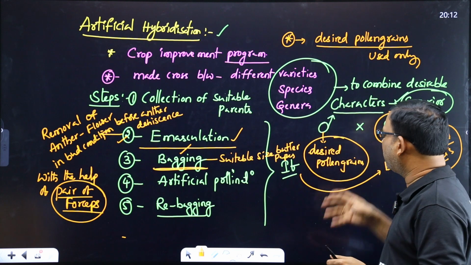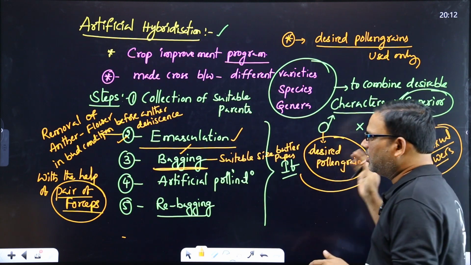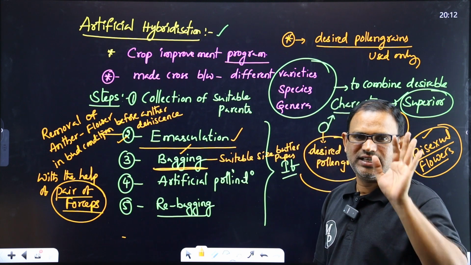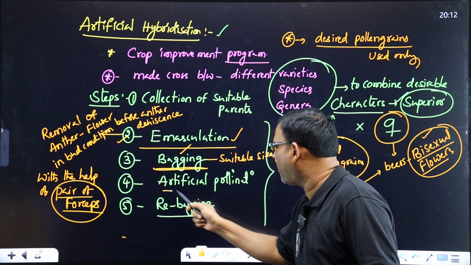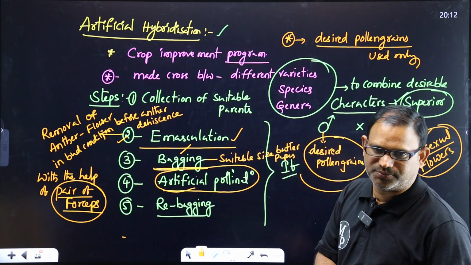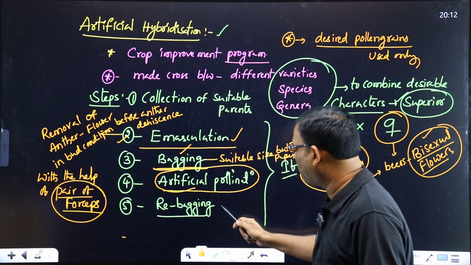Now the collected pollen grains, meaning desired pollen grains, are dusted onto the stigma. Such type of pollination is called artificial pollination.